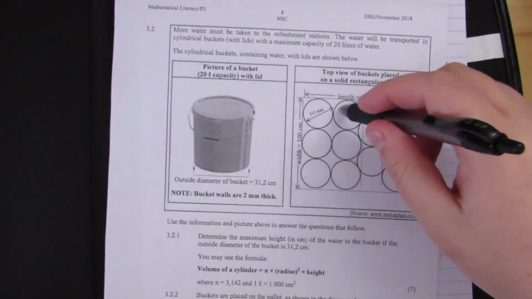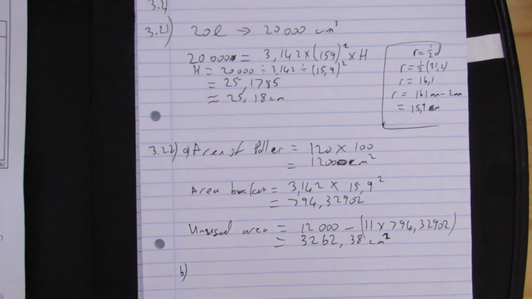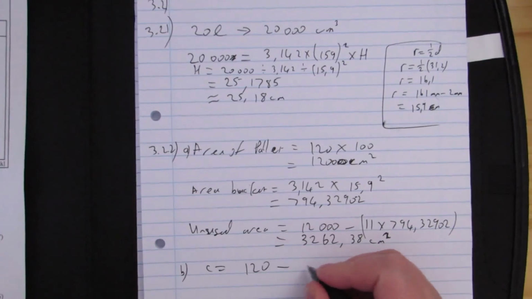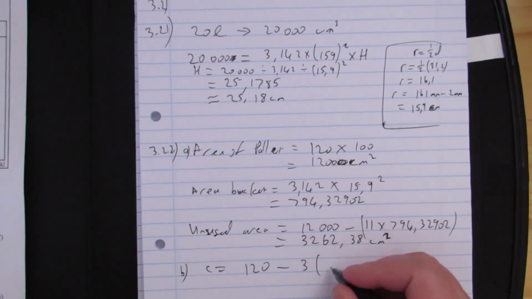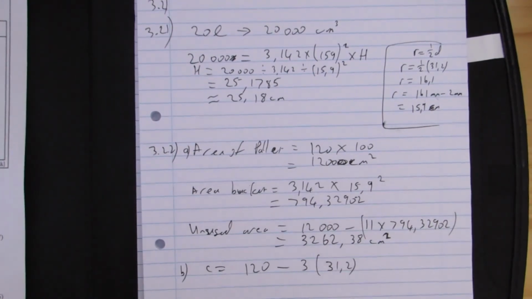So we have 1, 2, 3 full bucket widths there. Okay. So C will equal the 120 centimeters minus 3 of our bucket diameters. Okay, and we're looking at the outside diameter of the bucket here because the walls have to be included here.